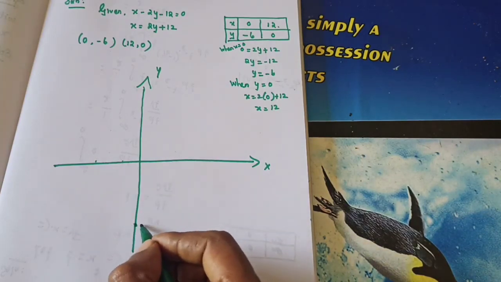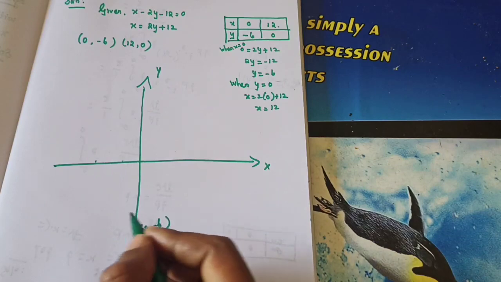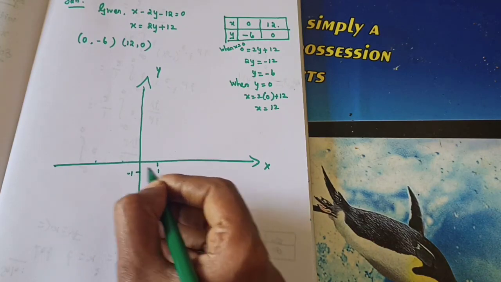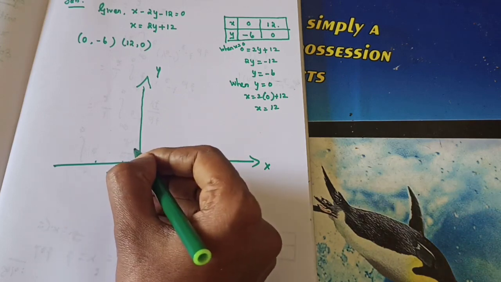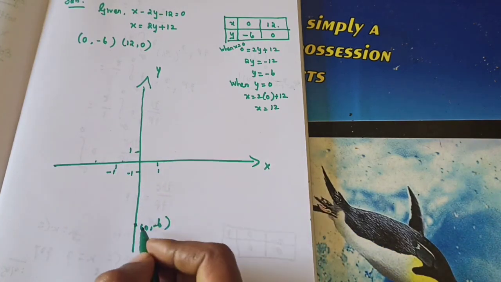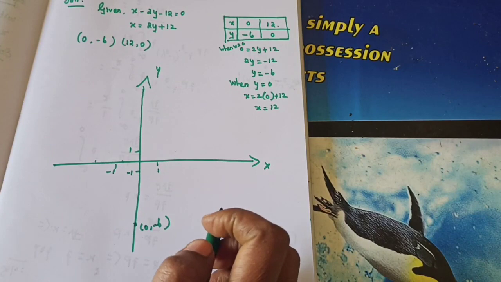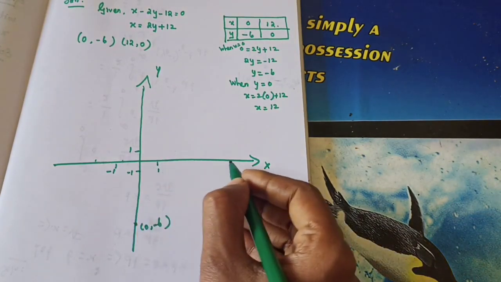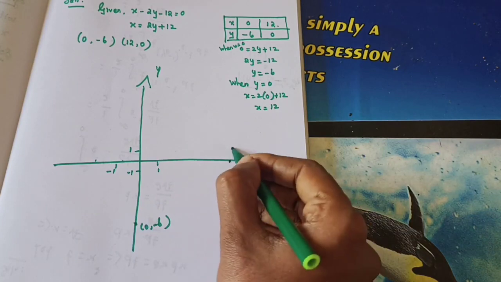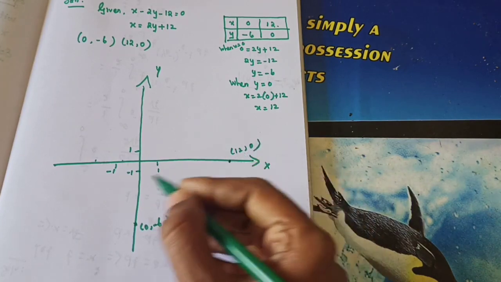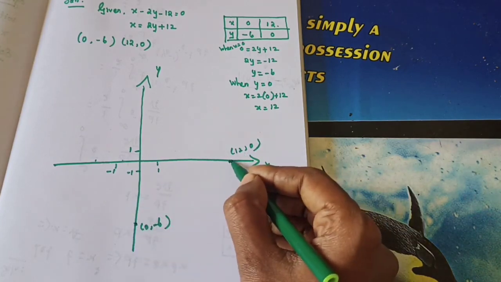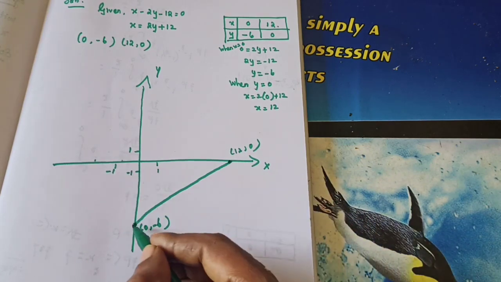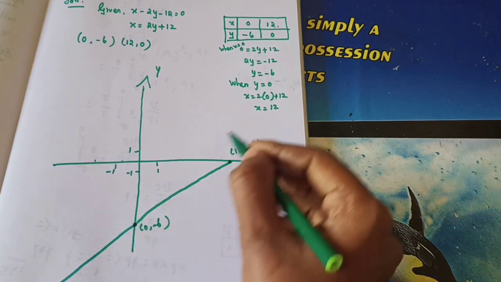Negative values start from minus 1, and positive values start from 1. So that is my 0, comma minus 6. Then one more point, 12, comma 0. Nearly it will be here, correct? Now join these by using a scale, and please extend it.